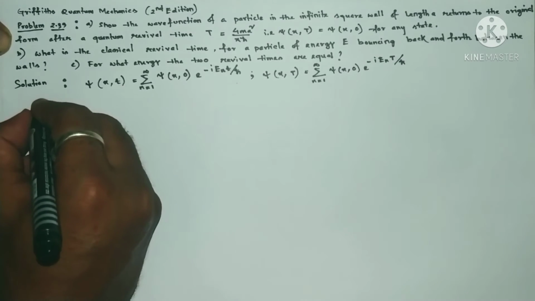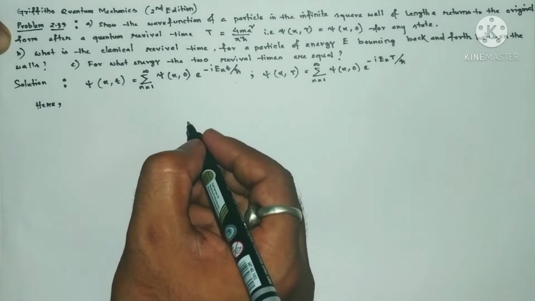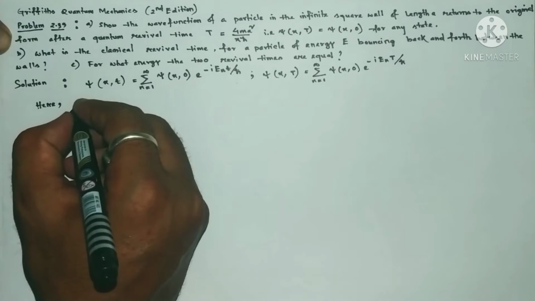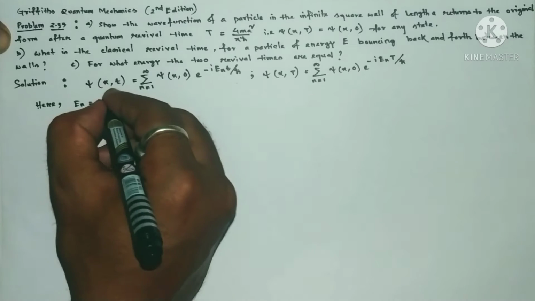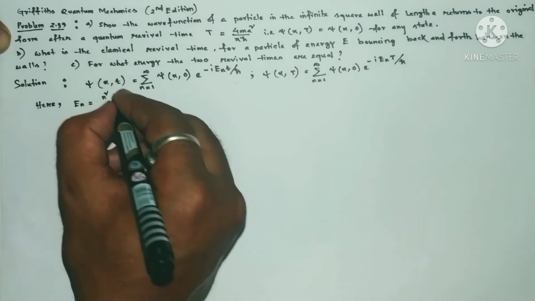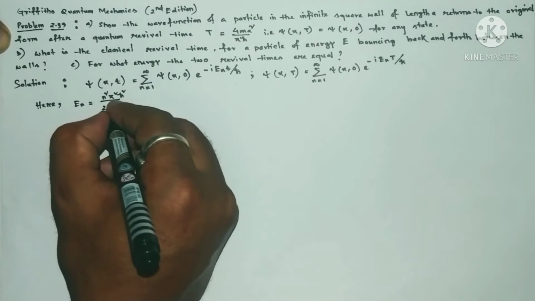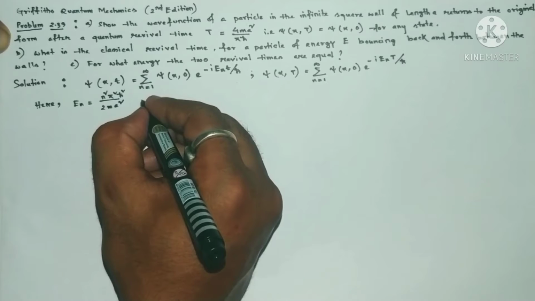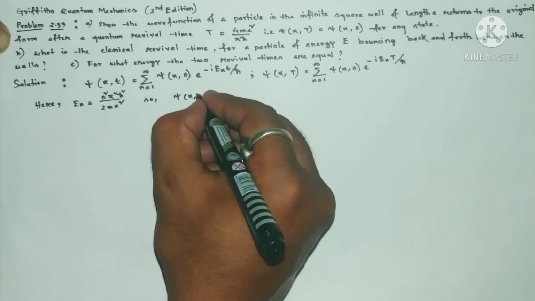So here, for the infinite square well potential, the energy E_n for the nth state is n²π²ħ²/(2ma²). Therefore, we can write ψ(x, T).